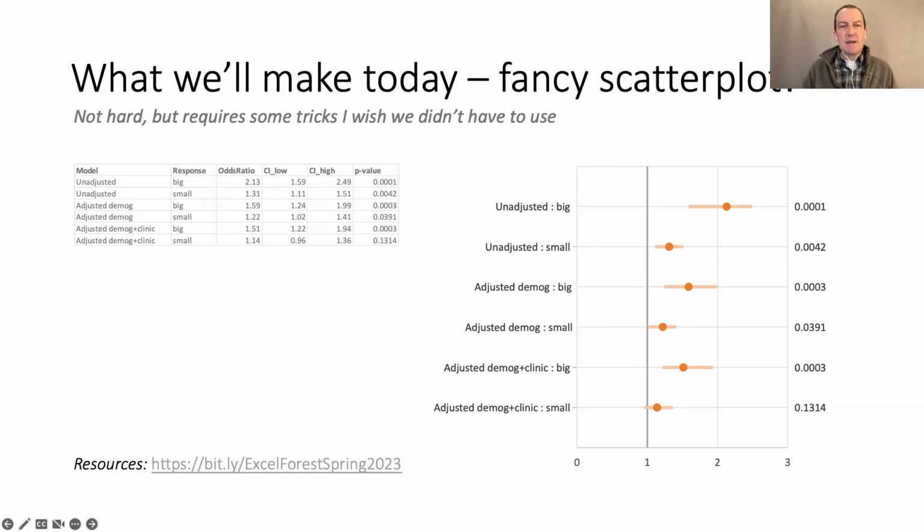And like I say here, the trick is basically that we're going to treat this as a scatter plot in Excel instead of a line chart, okay? And that just means that we're going to have our regular values that you can see here for the odds ratios.